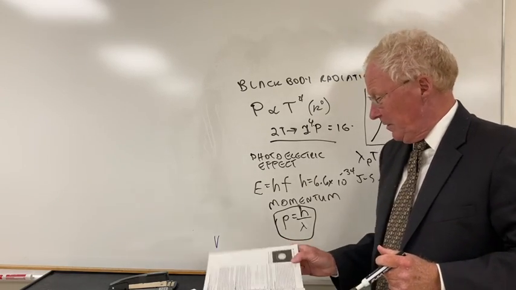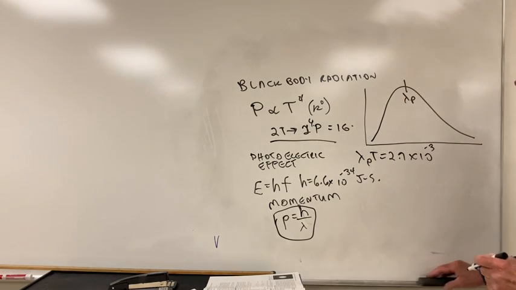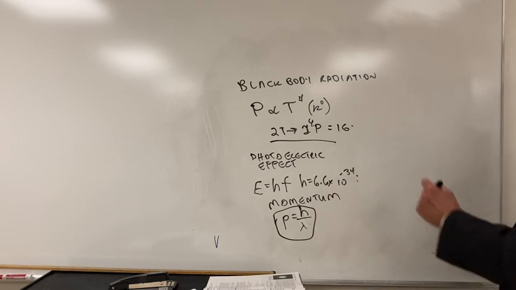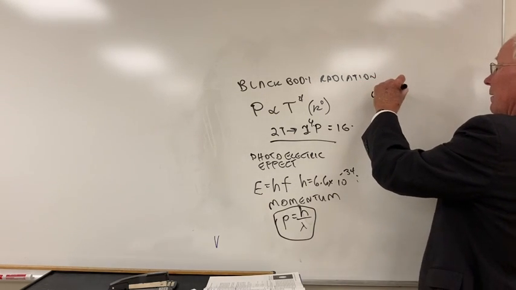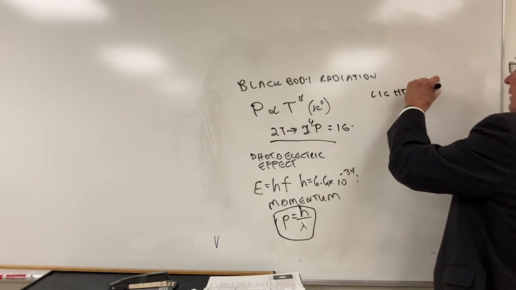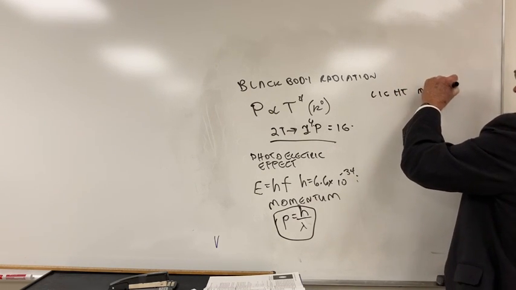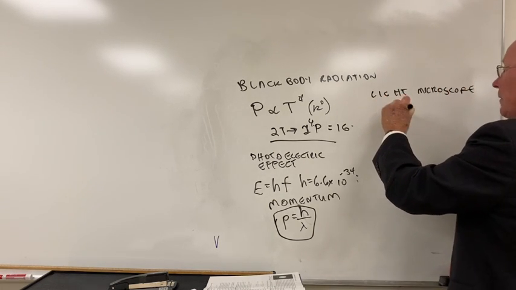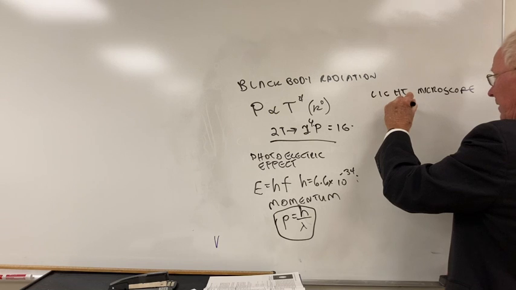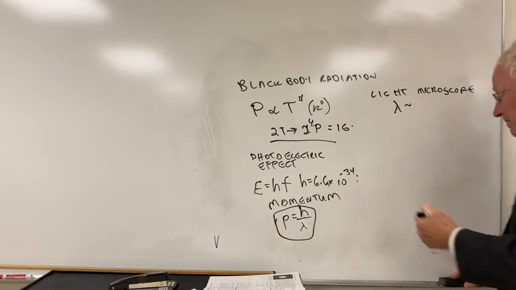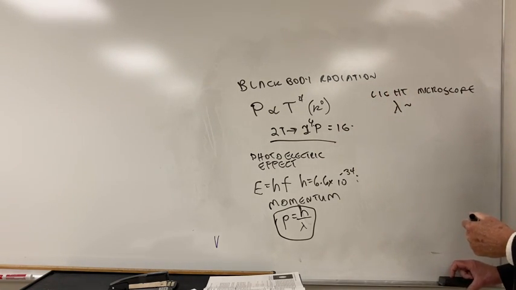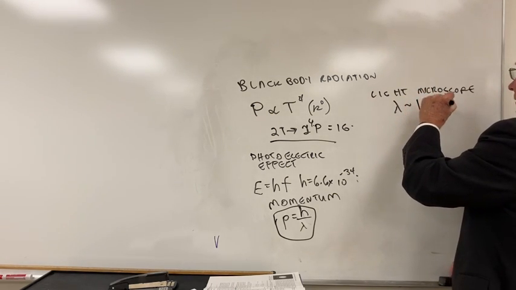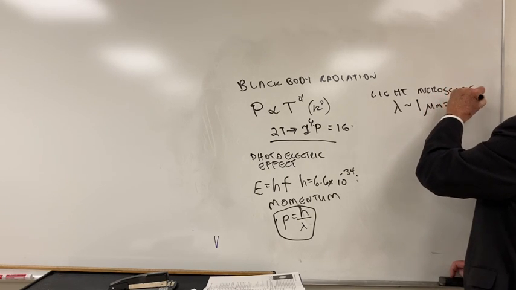And it's because of this that we have, for a traditional light microscope, a minimum size you can get down to of about 1 micron, 10 to the minus 6 meters.